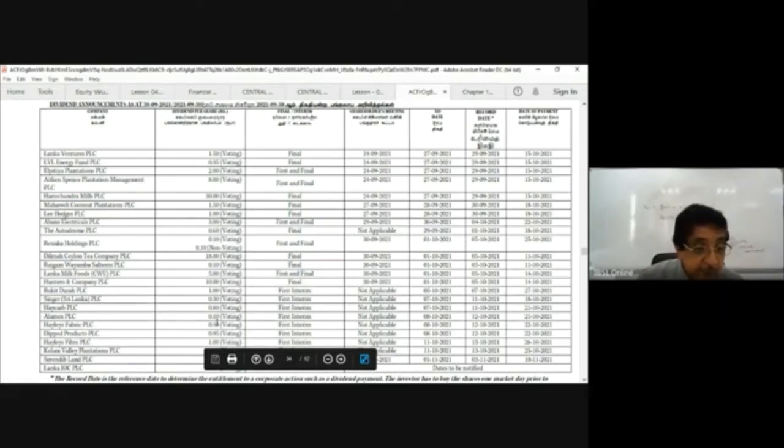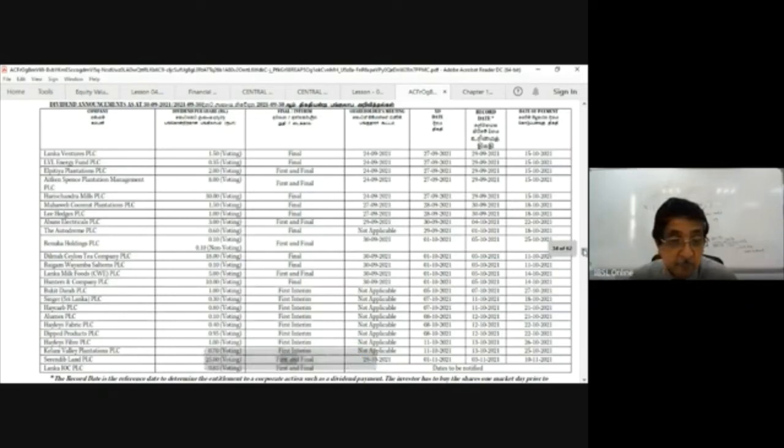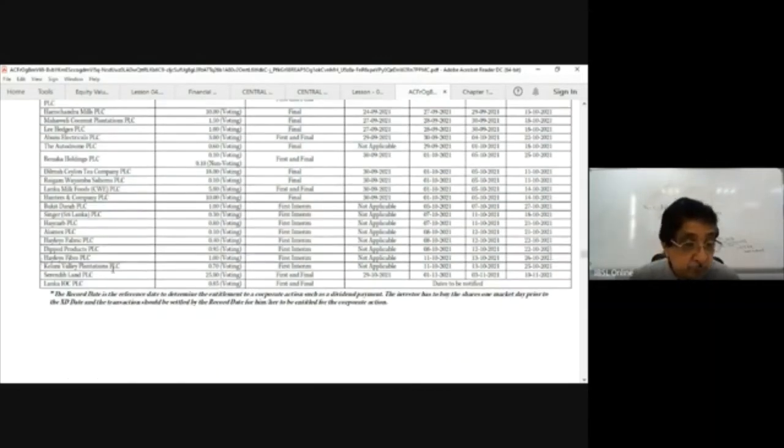Alumex, 10 cents. Elise Fabric Limited, 40 cents. Dipped Products, 95 cents. Likewise, dividends being declared. Serendib Brand PLC declared a 25 rupee dividend. Now you can see these are the declarations. This may not be restricted to only the month of September, but in other months also there can be dividend declarations.